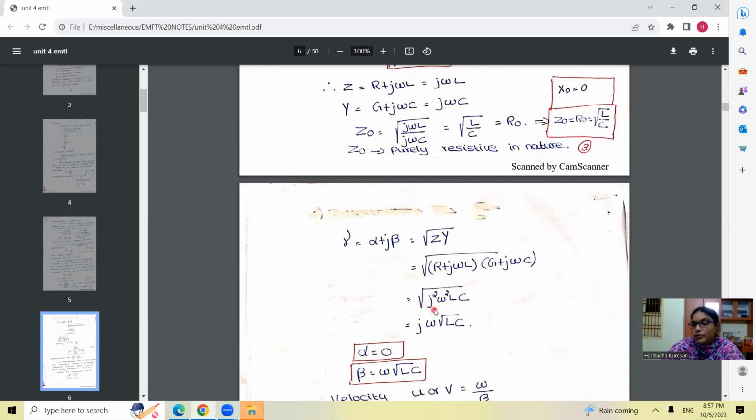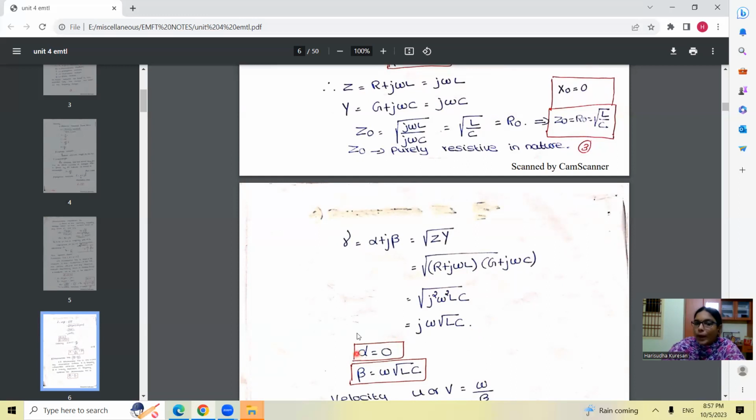Therefore, it becomes the square root of j squared ω squared LC. The square root and the square cancel, and taking the common terms outside, it becomes jω square root of LC. This is an imaginary part because it is associated with the j term.